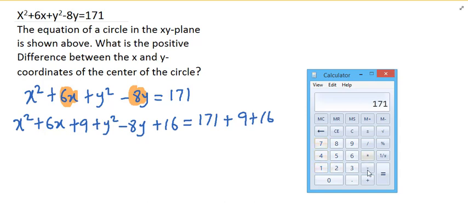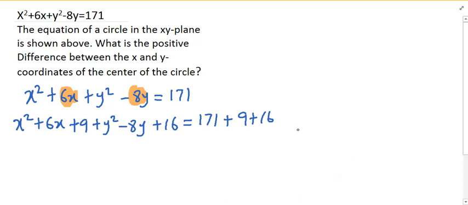171 plus 9 plus 16 is 196. Now let's factor the terms. Let's combine this into x plus 3, all squared, because x squared and 2 times x times 3 is plus 6x, and 3 squared is 9.